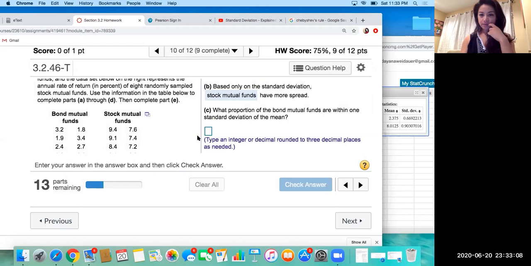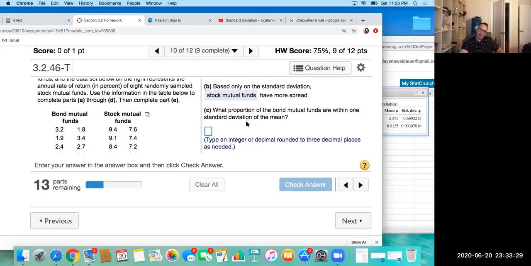What proportion of the bond mutual funds are within 1 standard deviation of the mean? So that's the top one. Oh, why in the world is this question even here?